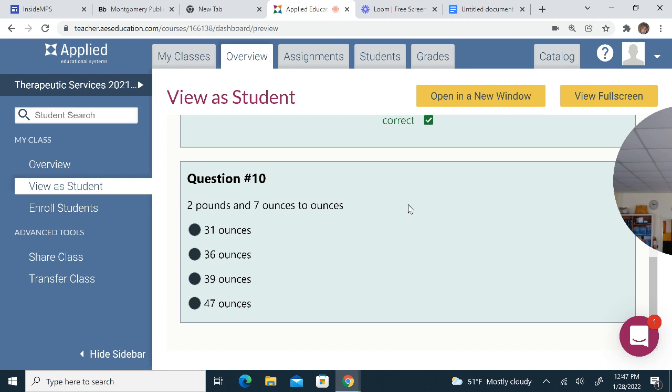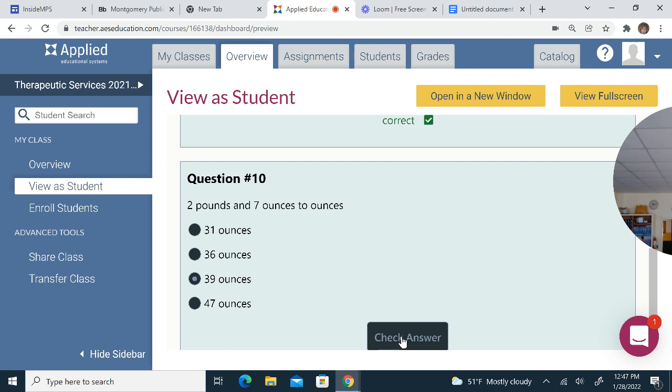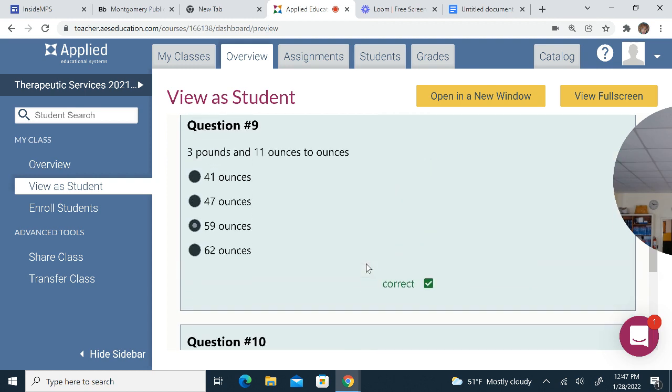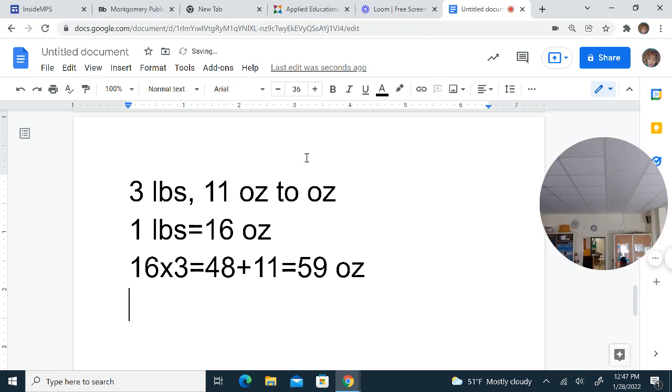All right, 2 pounds and 7 ounces to ounces. So we got 39. Wait, can you go back up? I didn't get that. I wrote down the answer. Okay. So 2 pounds and 7 ounces to ounces is 39.